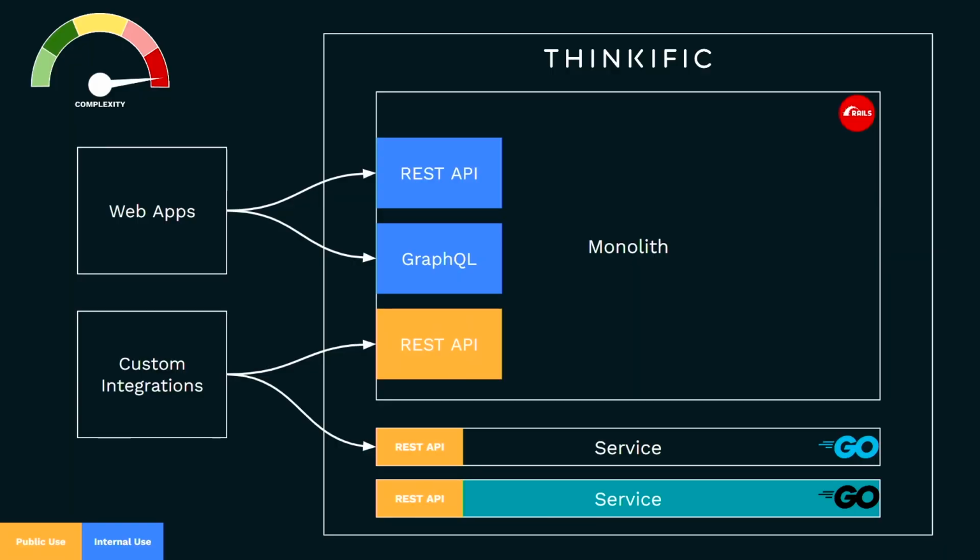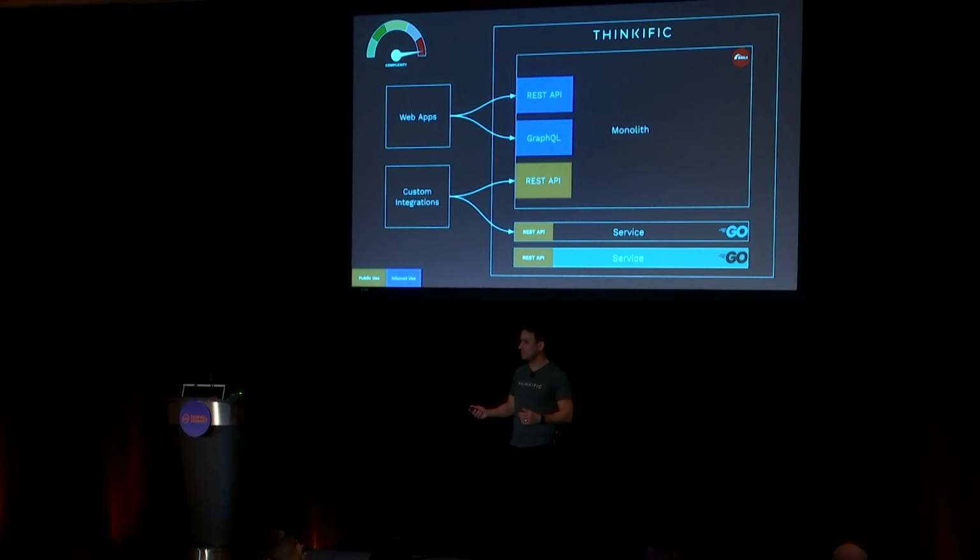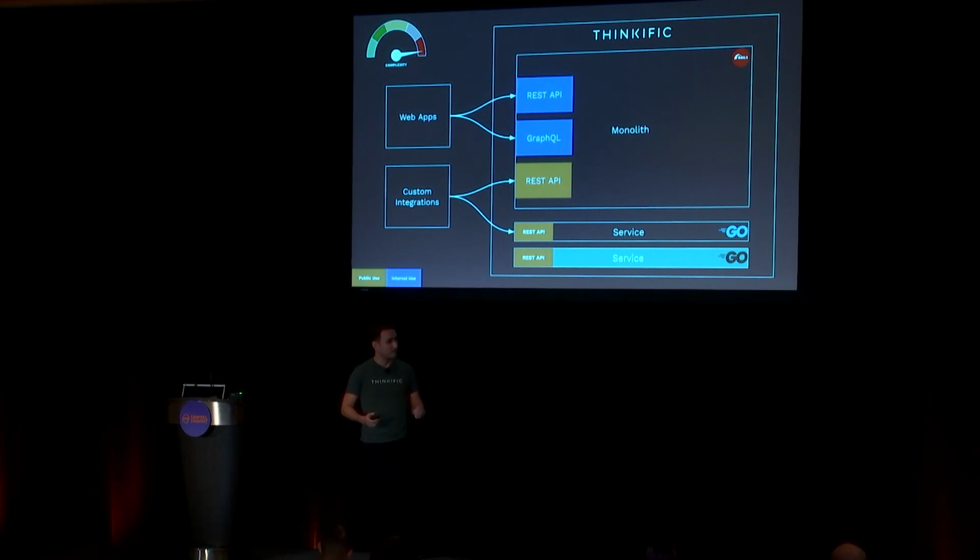API v2 was different than webhooks. API v2 had a much more connected domain with our Thinkific core domain. So in that case, we would have to share our database, which is a very bad practice in microservices. But to be honest, it really felt like a possible future for us to go with Go and move away from Rails.